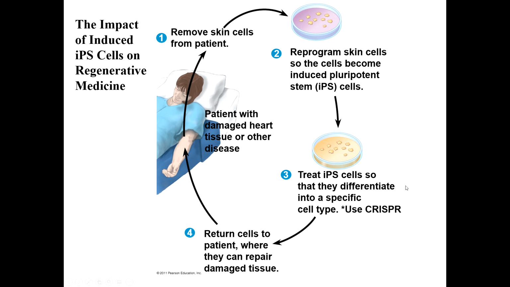This is gene editing, and this is relatively new. Some of you may have heard of it, but if not, I'll show you a clip on this in a minute. Once you get these differentiated into that particular cell type, you return it back to the patient where they can repair that tissue damage. So this will work in what is known as regenerative medicine.